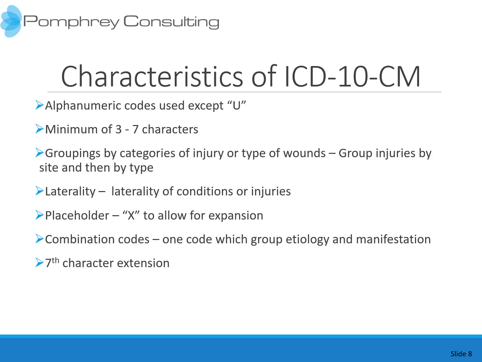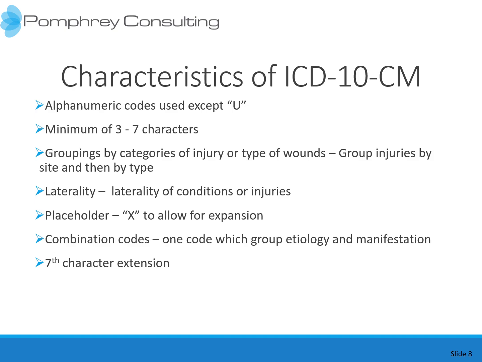If we get into the characteristics of ICD-10-CM, the first thing to know is that the code itself is going to be alphanumeric. All of the characters within the alphabet are going to be used except for the letter U. That code can be a minimum of 3 characters, or up to a maximum of 7.